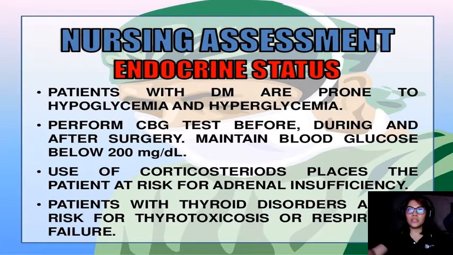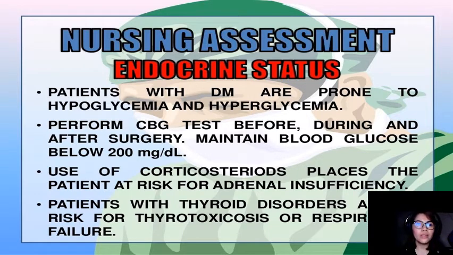The use of corticosteroids places the patient at risk for adrenal insufficiency. So adrenal insufficiency includes your Addison's disease, which is a disorder that occurs when the adrenal glands don't make enough of certain hormones, especially cortisol. And patients with thyroid disorders are also at risk for thyrotoxicosis or respiratory failure.